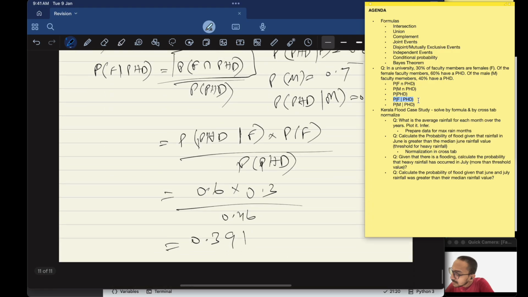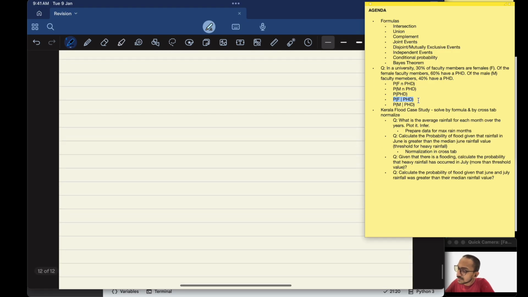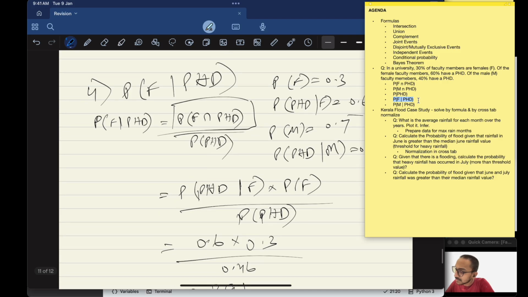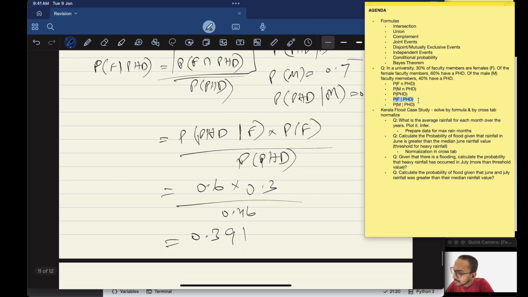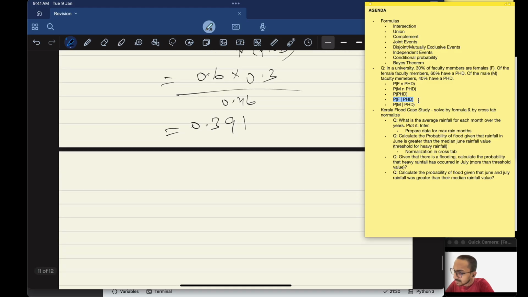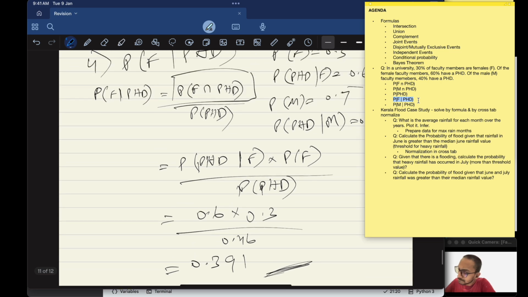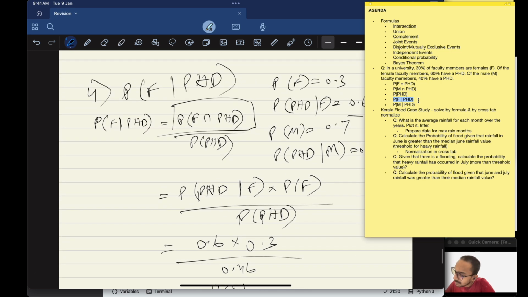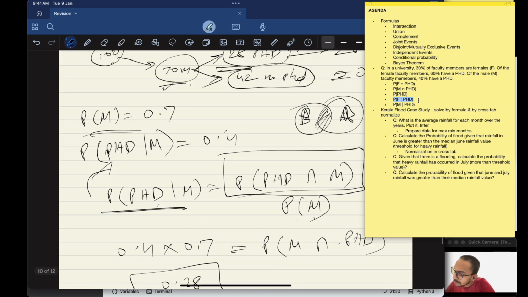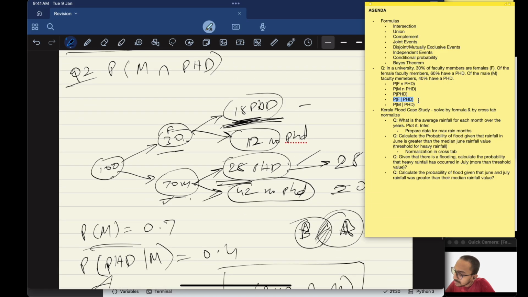I don't think we can do it that way. So this is how you compute this one. You have to do it through the formula only, I guess. I don't remember if there is a way using the tree approach. Yeah, I don't think so. Anyway, this is the formula way, so we'll do it this way. Same with, no wait, female given PhD. So we know all PhDs. What is the probability that it's a female?